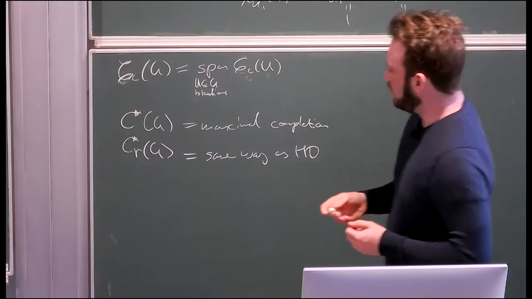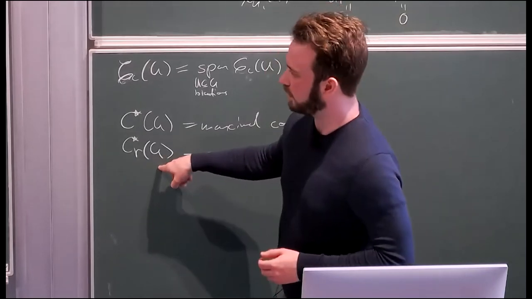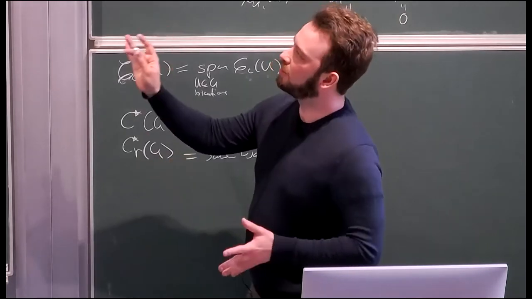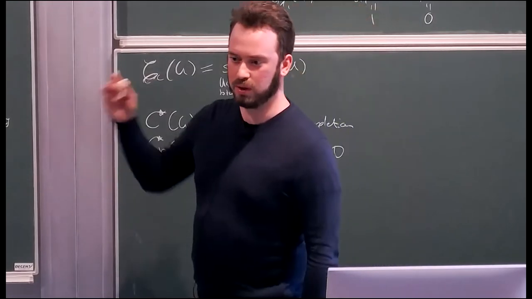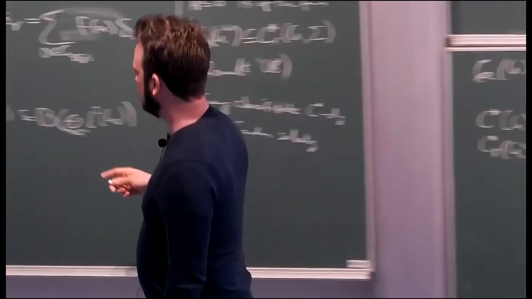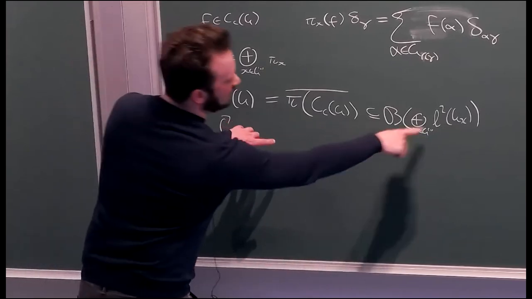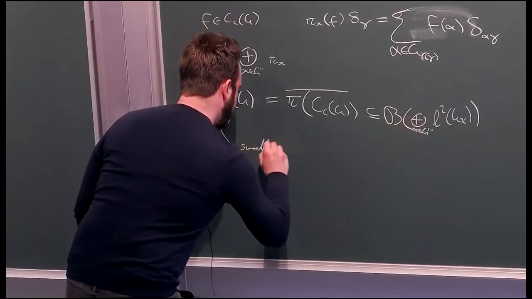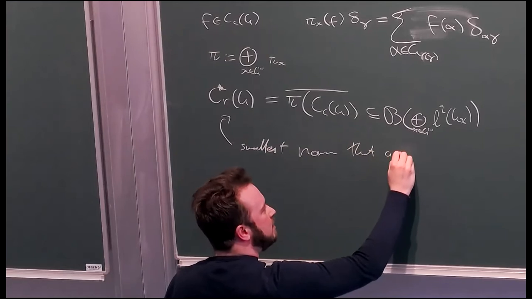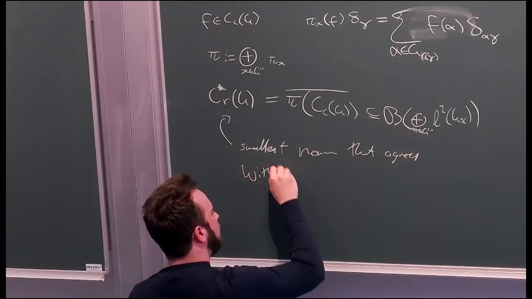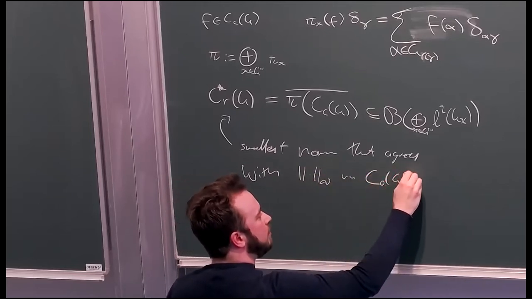What goes wrong is, and this is roughly what I'm going to get to, that one property the reduced groupoid C-star algebra has in the Hausdorff case is that this is the smallest norm that extends the infinity norm on the unit space. So the norm that you have inside of here is the smallest norm that agrees with the sup norm on C0 of G0.